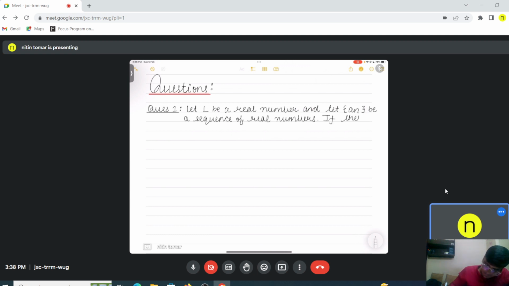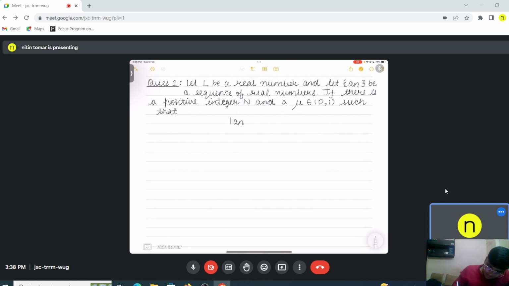Now, if there is a positive integer, which means a natural number, capital N, and mu is some real number between 0 and 1, such that mod a_n minus L is less than or equal to mu times mod a_(n minus 1) minus L. This holds for all n greater than or equal to N. Now we are given this.